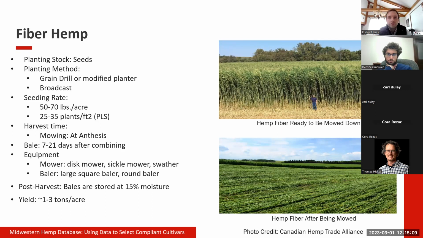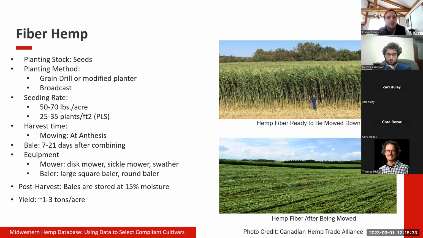We're doubling that for a fiber plot. And again, that's because we want the hemp to grow with high competition, grow very tall, to have pencil width type hemp stalks, which allows for easy retting and subsequent processing after the fiber has been harvested. So again, really the only difference between establishing grain hemp and fiber hemp is you're doubling your seeding rates.